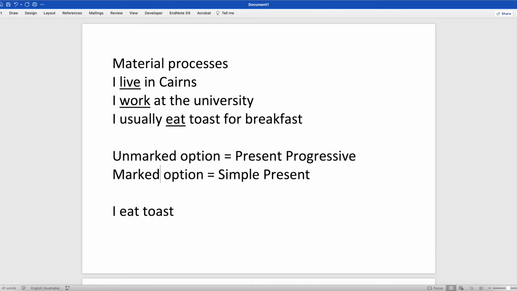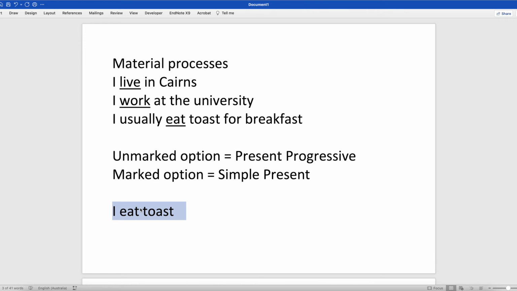All right, the unmarked option is your default go-to option. It's the one which is expected. I am eating. The marked option means because we did not go with the default, we are giving this clause or this sentence some special meaning or some special interpretation.